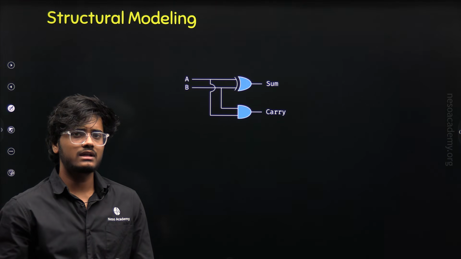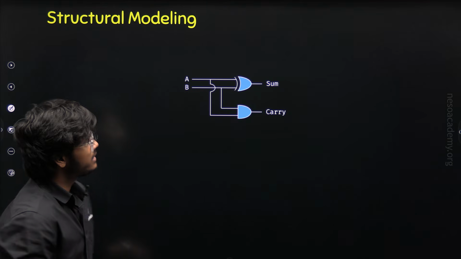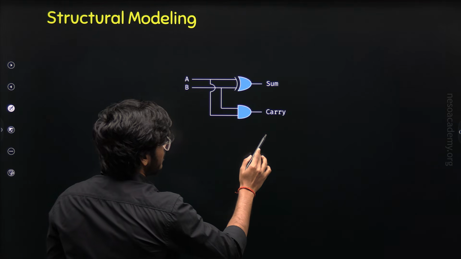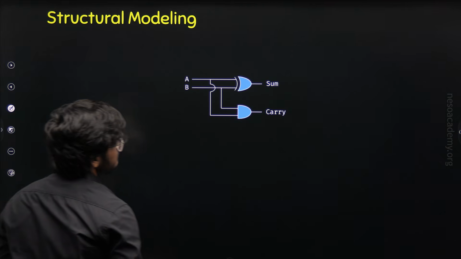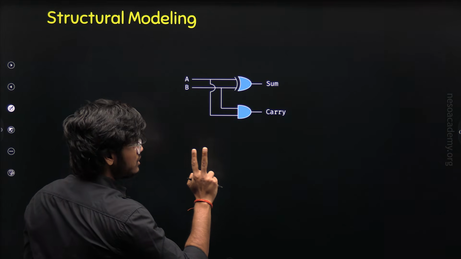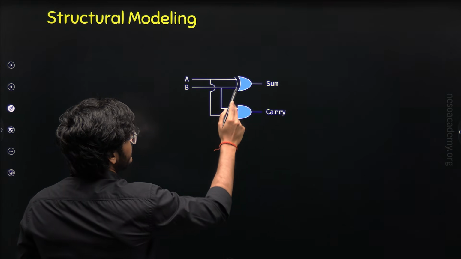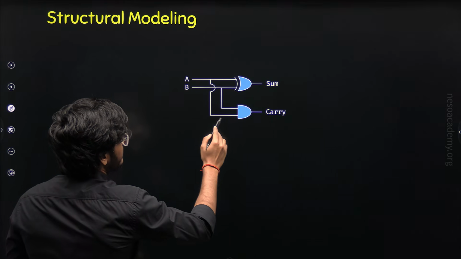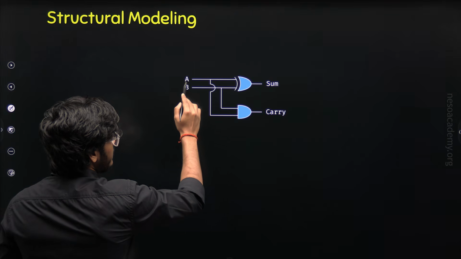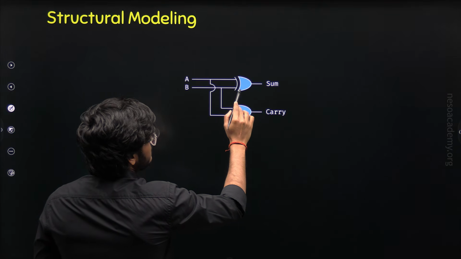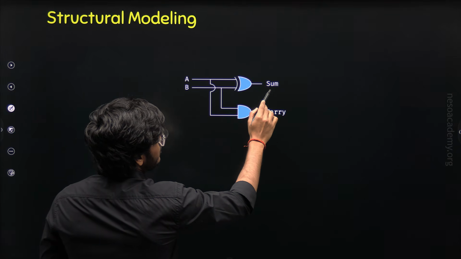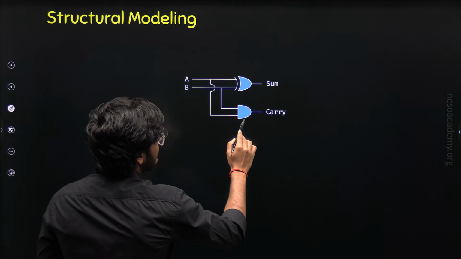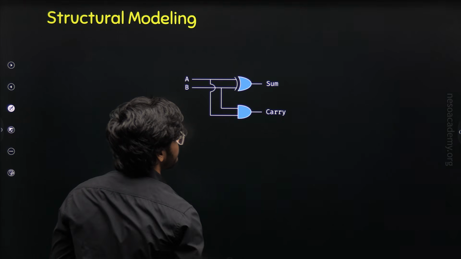Now, to understand structural modeling, carefully look at the structure of this half adder. Here we have two logic gates, XOR gate and AND gate, where these two gates are connected with these two inputs A and B, and the XOR gate is connected with the output sum, and the AND gate is connected with the output carry.